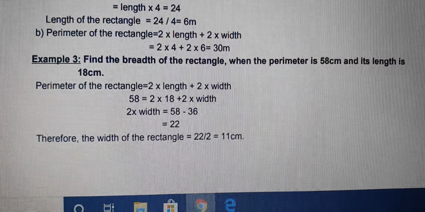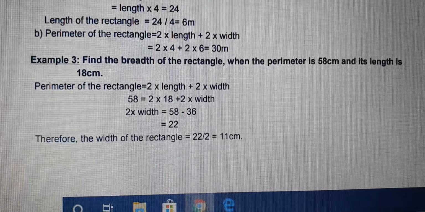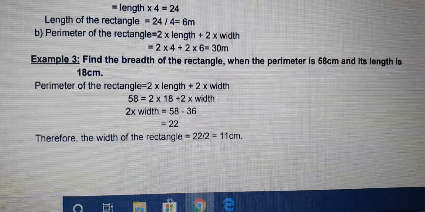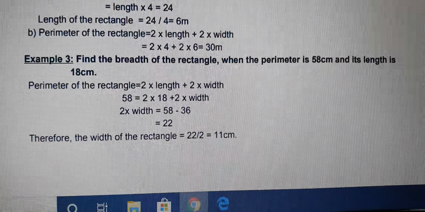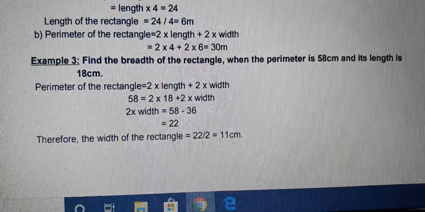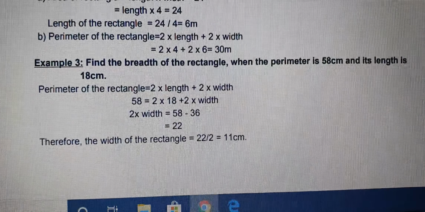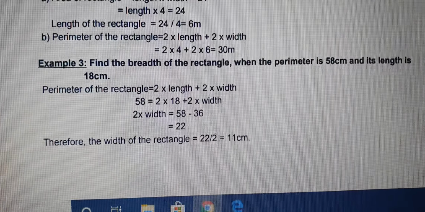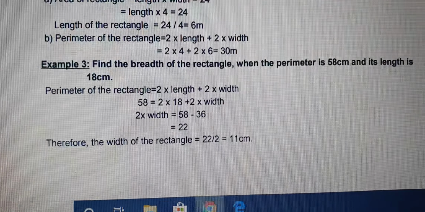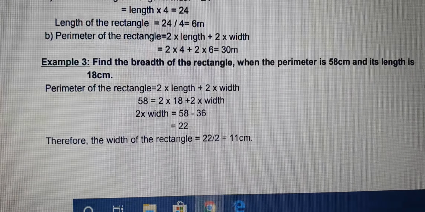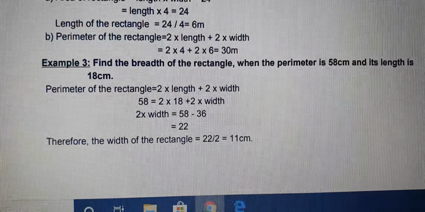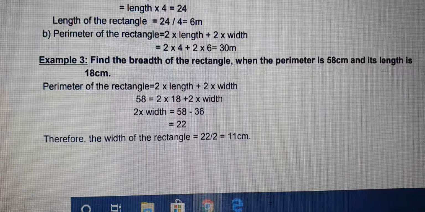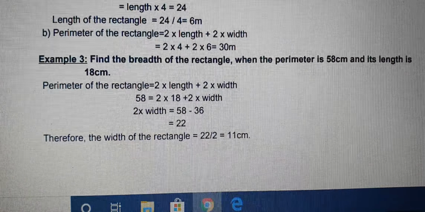Now 58 minus 36 equals 22. We will subtract the excess, right? If we subtract 58 minus 36, then we will get the value of 2 width. Now 2 width equals 22. So 1 width equals 22 divided by 2.